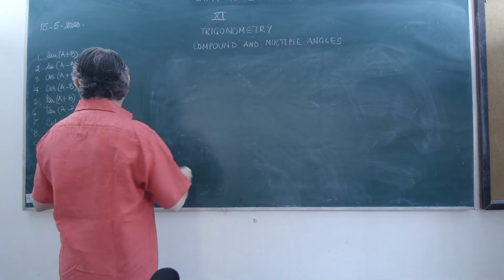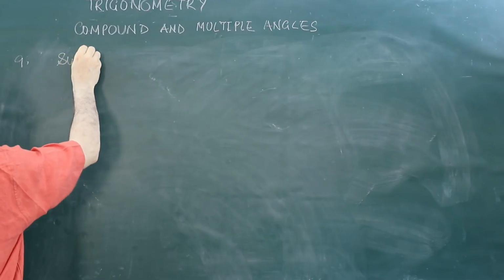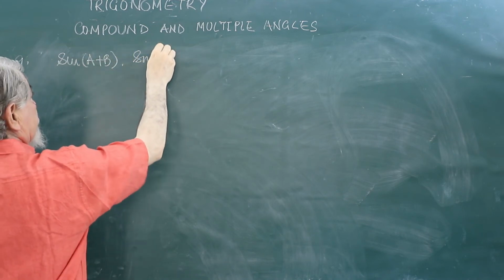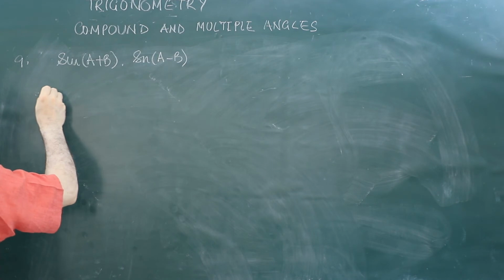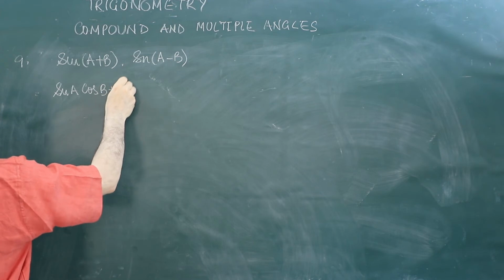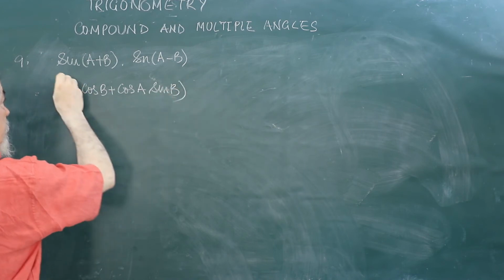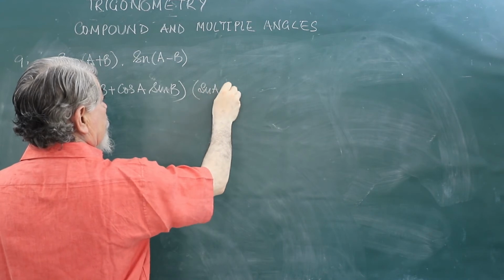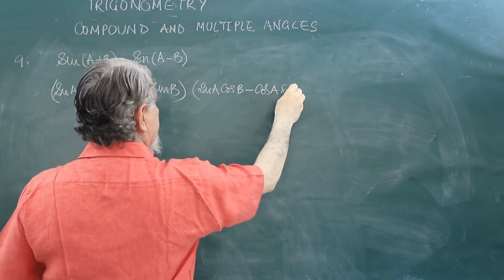The next formula, the ninth, is sin(a plus b) into sin(a minus b). Now sin(a plus b) was sin a cos b plus cos a sin b, and sin(a minus b) was sin a cos b minus cos a sin b.